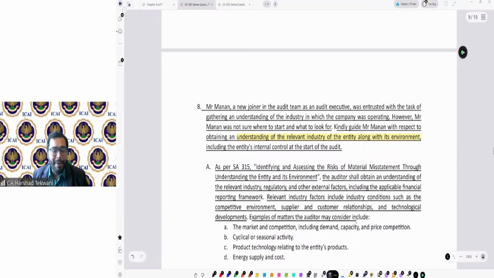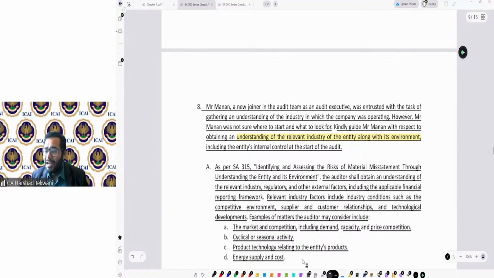Examples of matters which may be considered are market and competition, including demand, capacity, and price competition; cyclical or seasonal activity; product technology relating to the entity's product; and energy supply and cost.